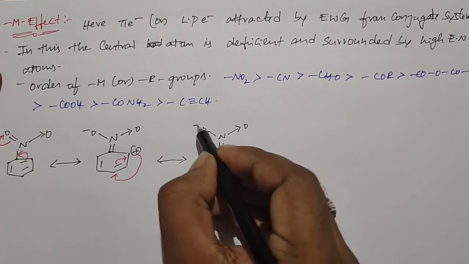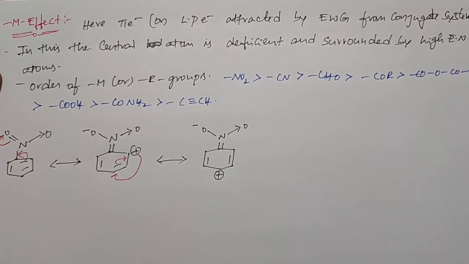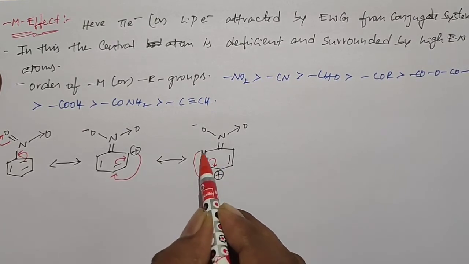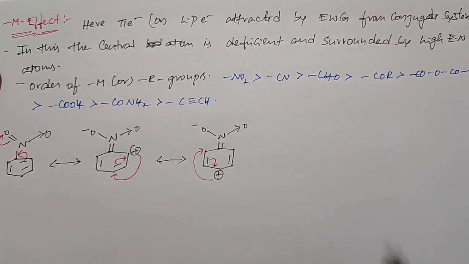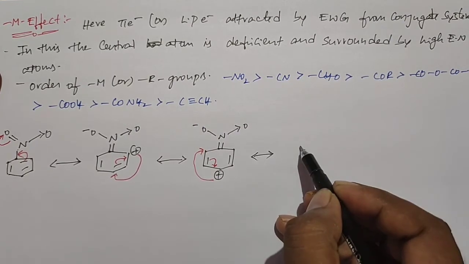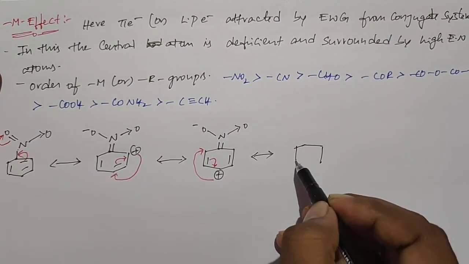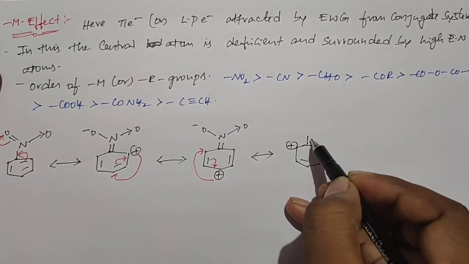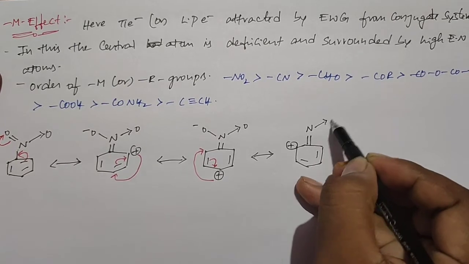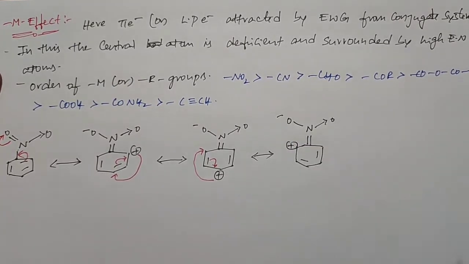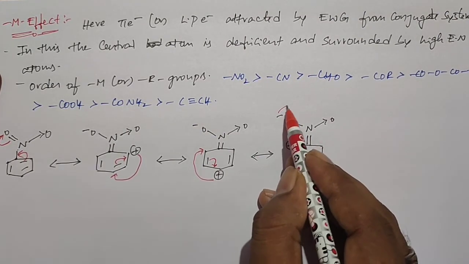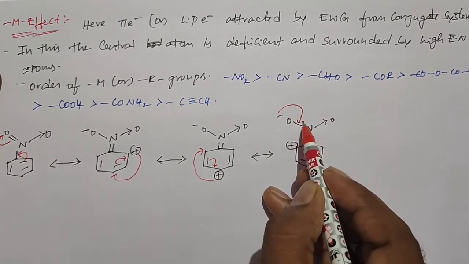So this is the next resonating structure. Again these pi electrons are shifting towards here as pi electrons, and the positive charge shifts to this carbon. Then we get the next resonating structure. Again, these lone pair electrons are shifting as pi electrons.